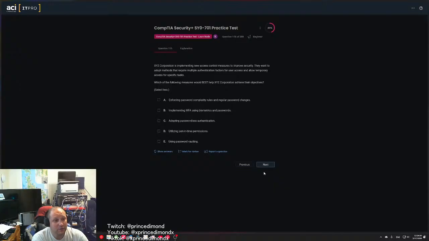Which of the following measures best help XYZ Corporation achieve their objectives? So let's take a look at this question again. They want to adopt methods that require basically MFA. So they want temporary access for specific tasks. So: enforcing password complexity rules, regular password changes, adopting password vaulting, just-in-time permissions.